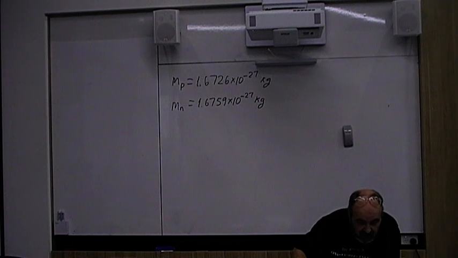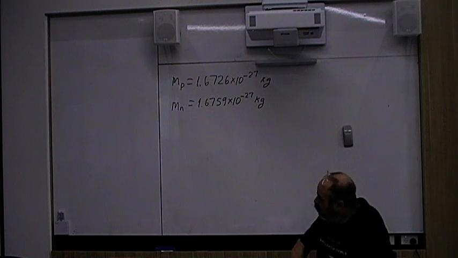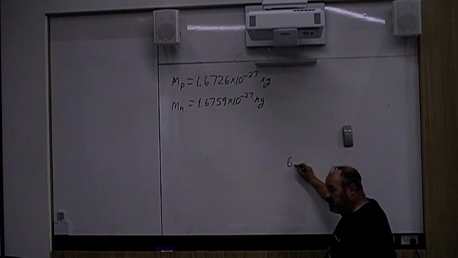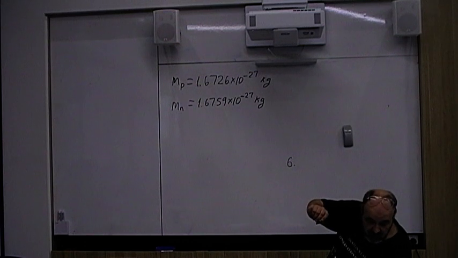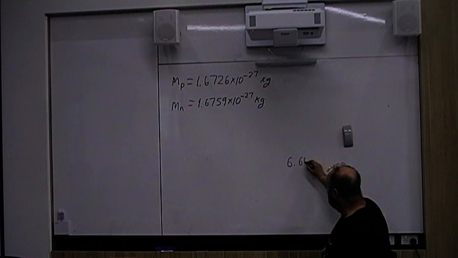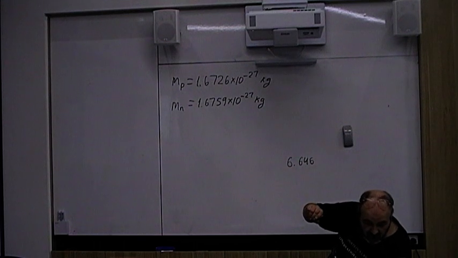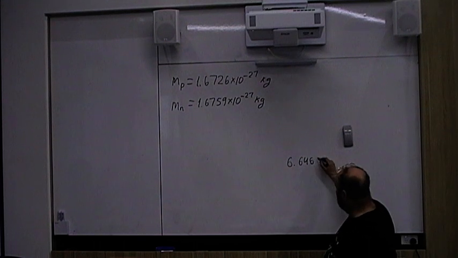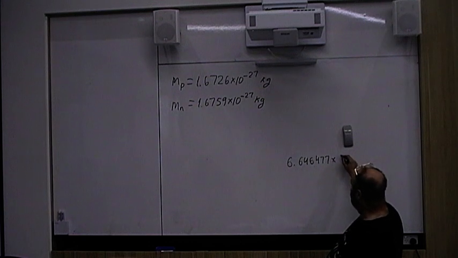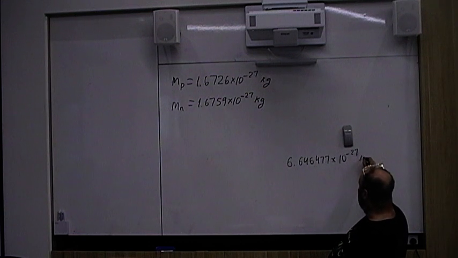The mass of the helium nucleus is 6.647 times 10 to the negative 27 kilograms.